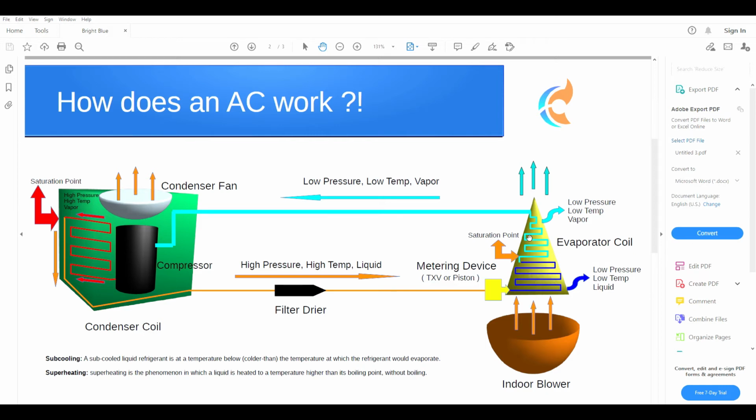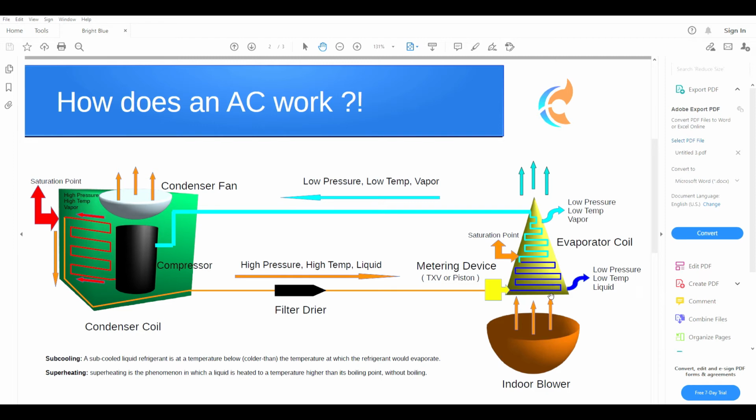So as the air is passing through it, the heat always travels from the warmer object to the cooler one. As the air is passing through your coil, the refrigerant will absorb the heat of the air because the air is warmer than it.